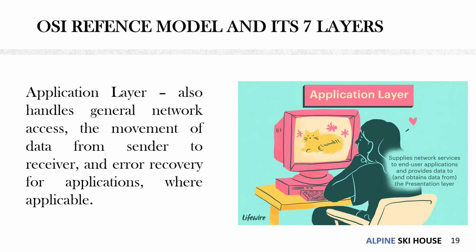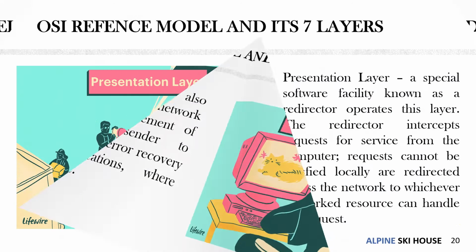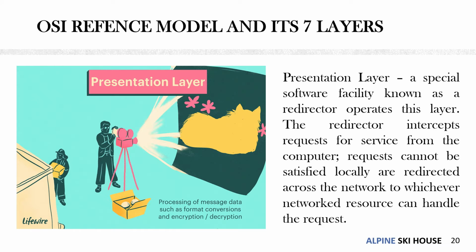The application layer also handles general network access, the movement of data from sender to receiver, and error recovery for applications where applicable. Presentation layer: a special software facility known as a redirector operates this layer. The redirector intercepts requests for service from the computer.